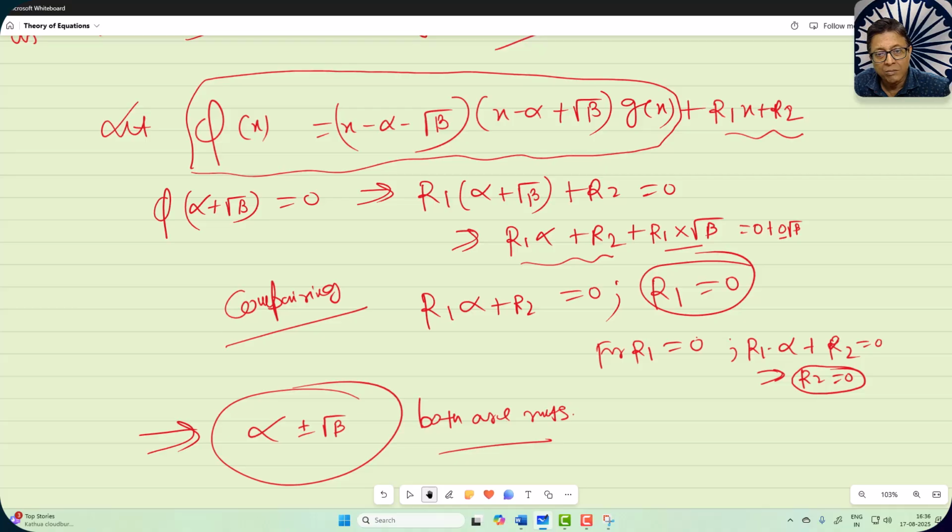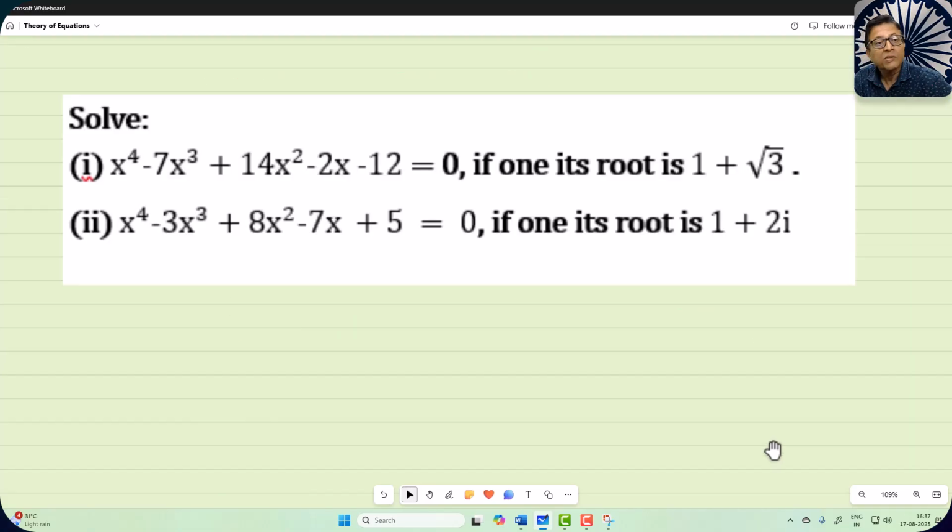That's all. Now, this is the time to start a few problems based on the concept you have got so far. Let us start. We are going to solve this one: if one root is 1 plus root 3, how to find the others? That 1 minus root 3 must be the other root.